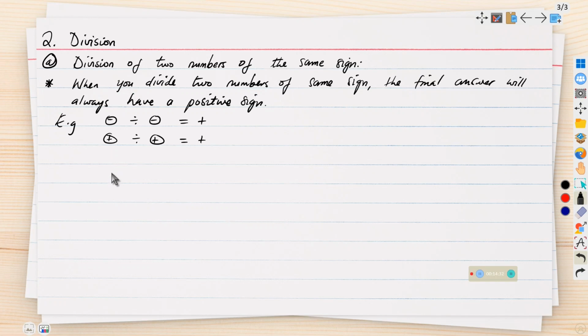If you have negative 9, okay, then you are dividing it with a negative 3. Okay, so you must know that this is negative, this is negative. The final answer will be positive. Then you say 9 divided by 3, it will be 3. Similarly, if you have 9 as it is positive divided by 3, which is also positive, the final answer will be positive. Okay, 9 divided by 3, it is 3.